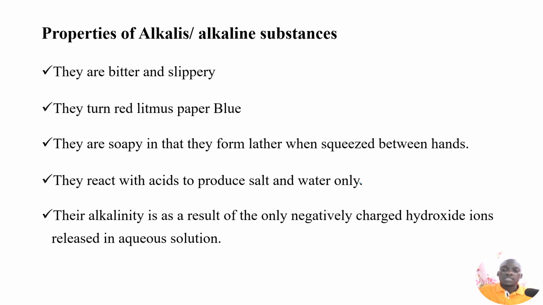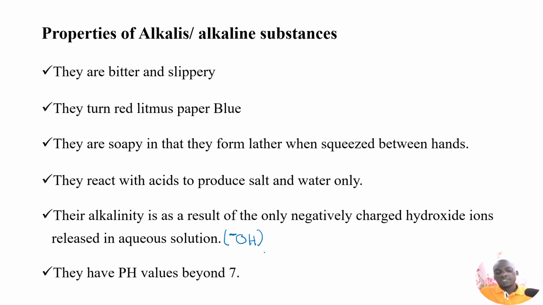And these hydroxide ions are the ones responsible for the alkalinity of the solution. These hydroxide ions, that is the formula of the hydroxide ions, are negatively charged. Next, we can say that they have pH values which are above 7 or beyond 7.